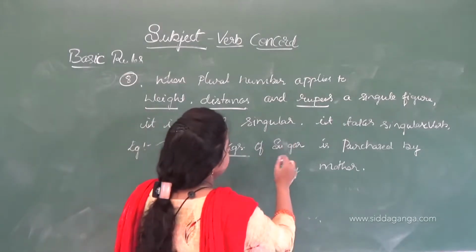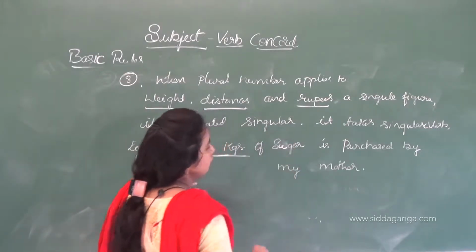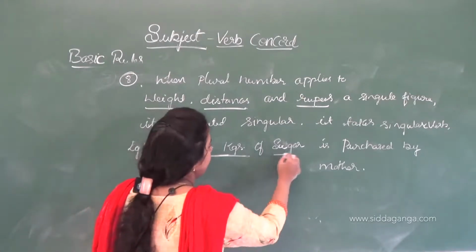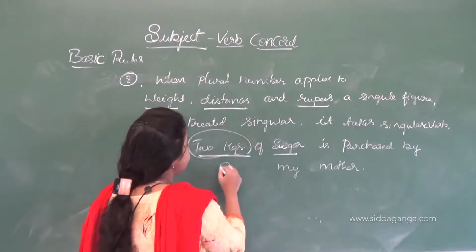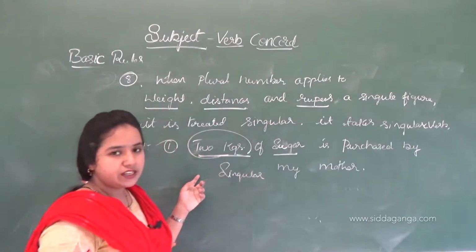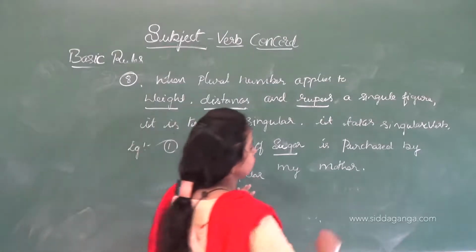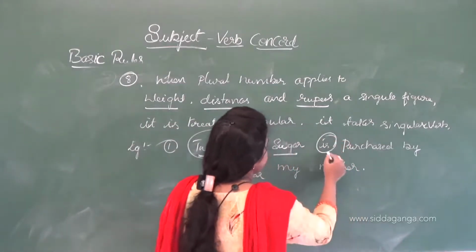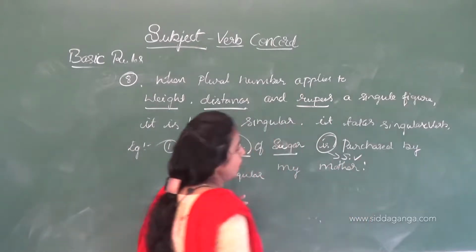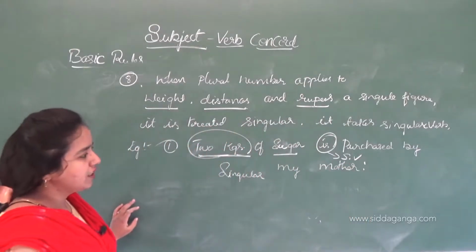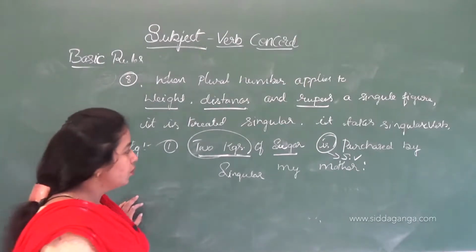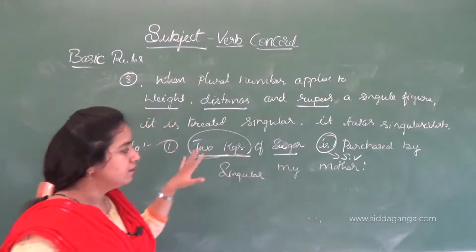Sugar, we can't use sugars: two kgs of sugar. We have to use it as a singular noun. When it is singular, the helping verb is a singular verb. The two kgs of sugar is purchased by my mother.